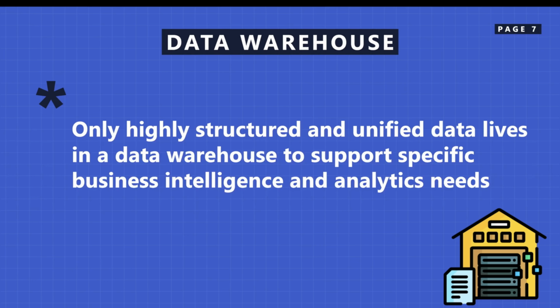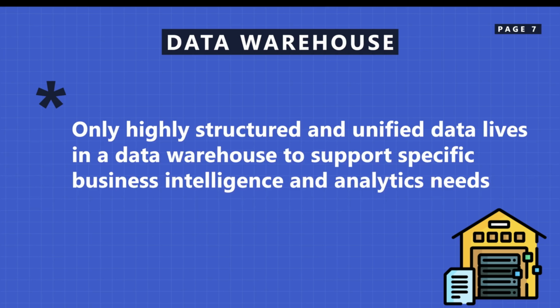And what is a data warehouse? A data warehouse is a place where only highly structured and unified data lives to support specific business intelligence and analytic needs. Suppose an organization wants to perform some business intelligence or analytics task, so they need some structured data.